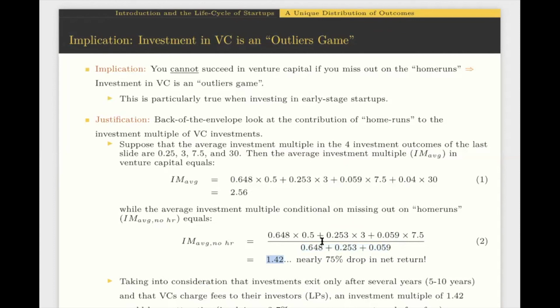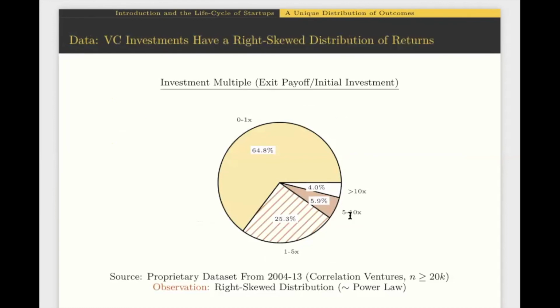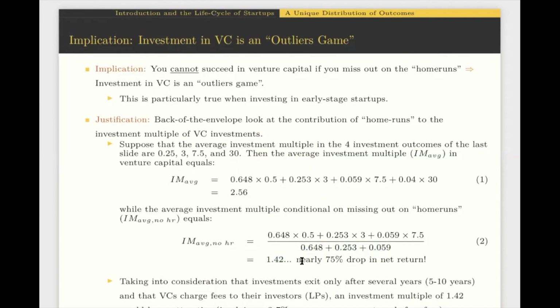Right, so what that means is if a VC fund doesn't invest in the high successes, they experience a drop of 75% in net return, right? So 75% of this net return is driven by that small 4% of most successful investment outcomes.